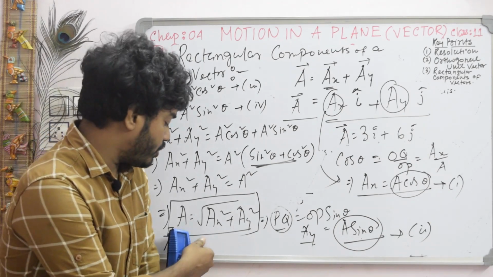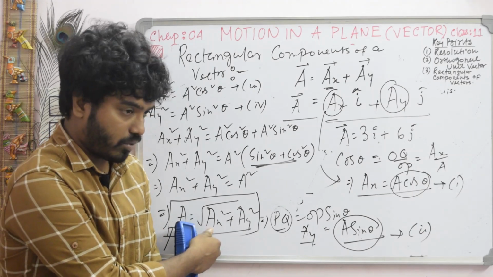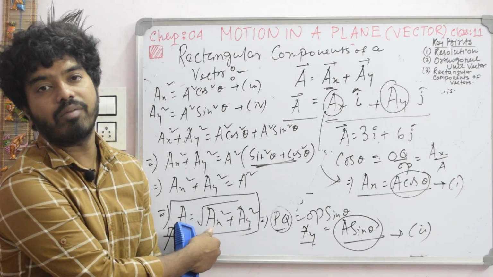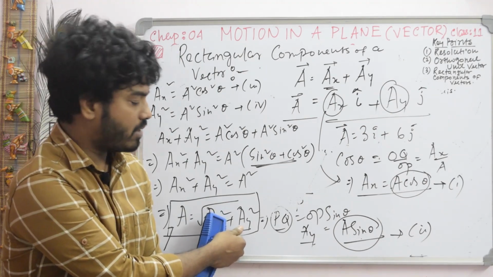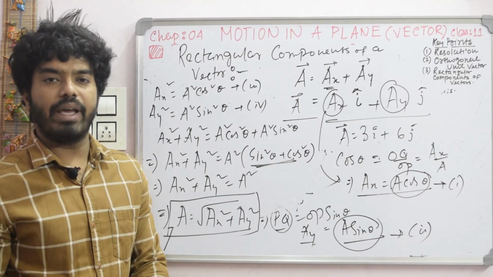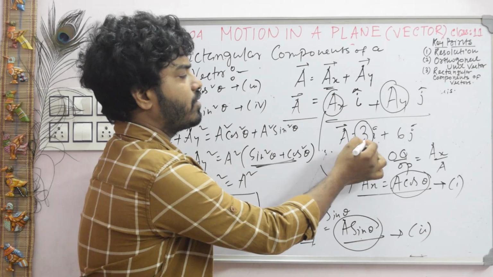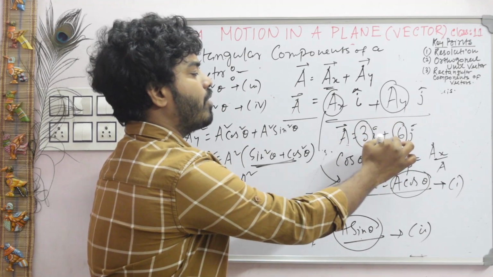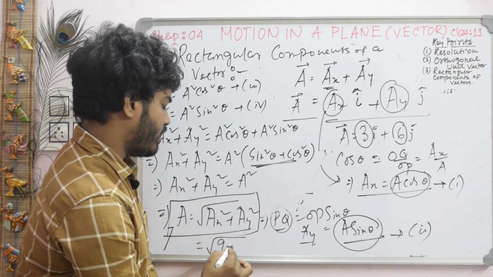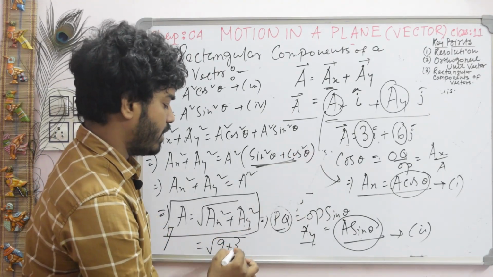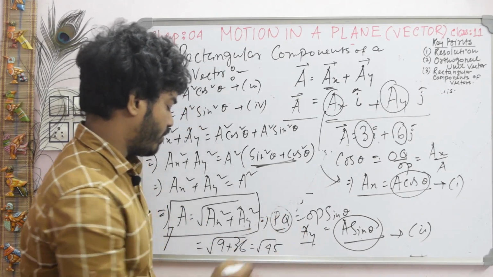This is our equation for finding it: root under Ax square, where Ax is the magnitude of the vector along the x-axis, plus Ay square, where Ay is the magnitude of the vector along the y-axis. Considering our example, the magnitude along the x-axis is 3 and along the y-axis is 6. So this gives root under 3 square, that is 9, plus 6 square, that is 36. So this will be root 45.